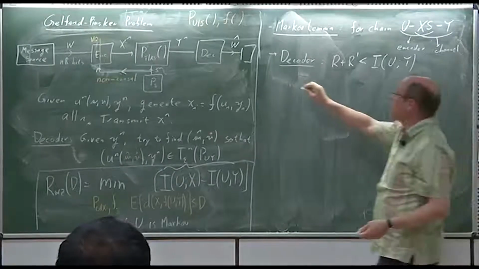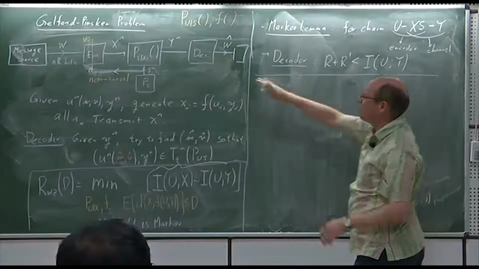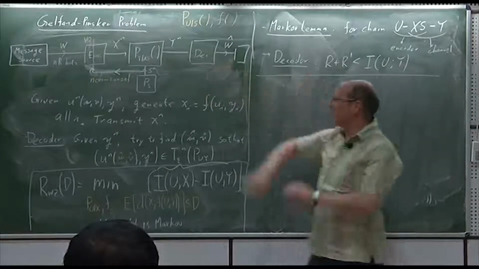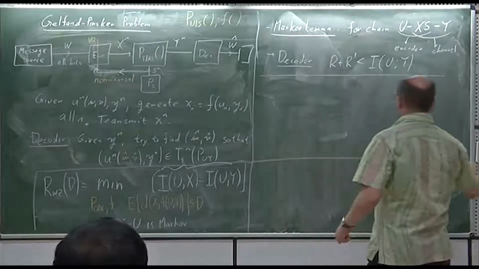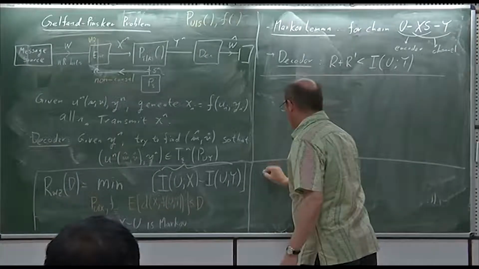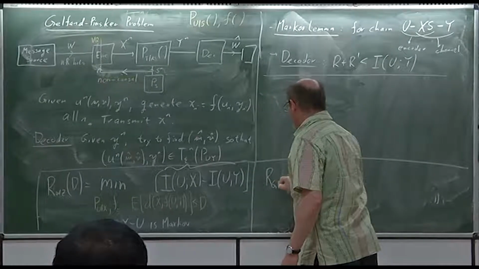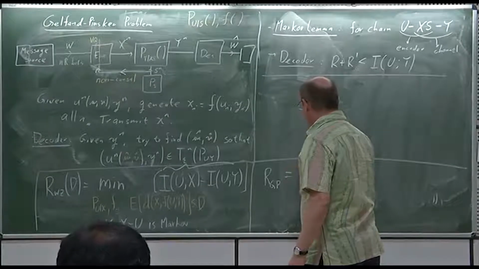So putting this all together, and here we don't have a cost constraint, otherwise I'd have to worry about averaging again, but putting it all together, we get the following achievable rate region. Let me write it down here. R Gelfand-Pinsker without a cost constraint is equal to the max.